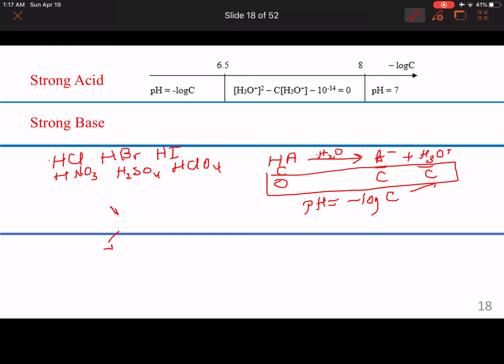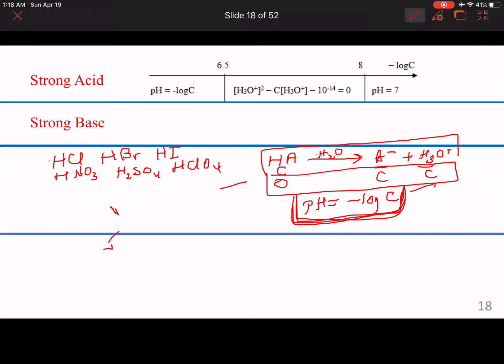I don't need to do autoionization of water, conservation of mass, Kw, in order to get what is the pH of a strong acid. Okay? That's all I need. That is all I need because this is my governing equation. It's the HA dissociating into A minus and H3O plus.